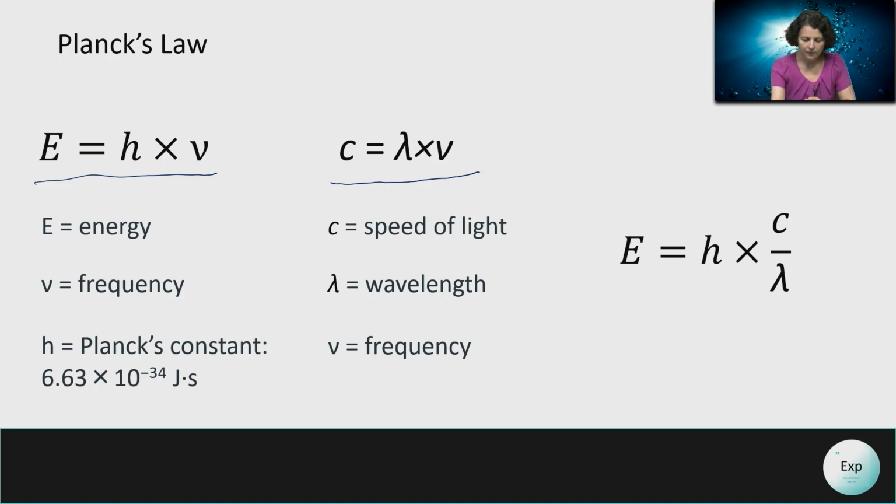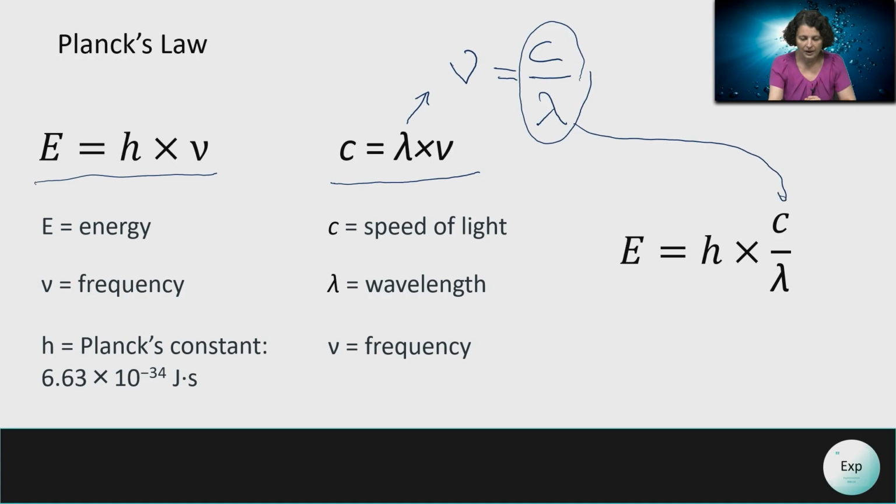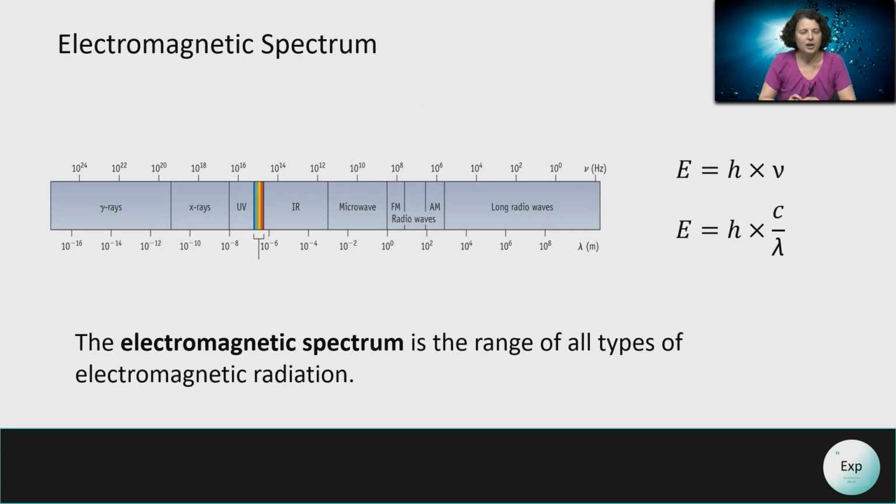If we say that the frequency is c over lambda, then we can place, instead of nu in Planck's law, the c over lambda function, and we get energy equals h, which is Planck's constant, times c, which is the speed of light, divided by the wavelength. This way we find that the higher the energy is, the shorter the wavelength will have to be.